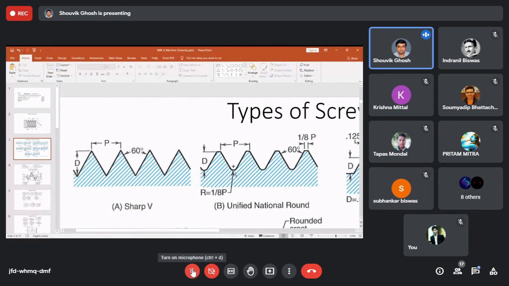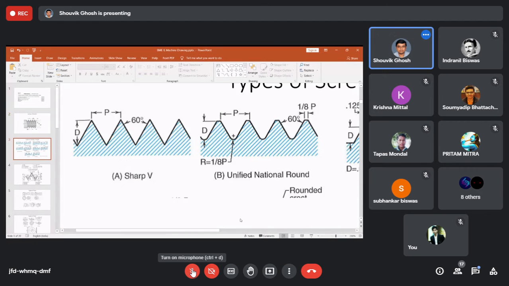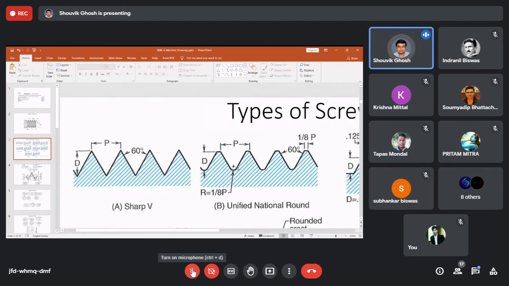And same for the root, that is the same 1/8, but the difference is in case of crest it is a flat surface, in case of root it is a rounded surface. Can you see the rounded? There is a plus sign indicating that that is the center of the curve.